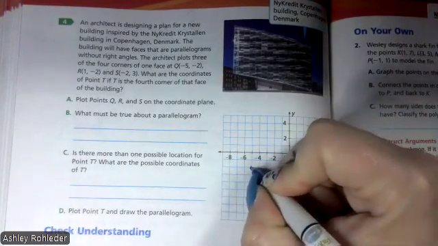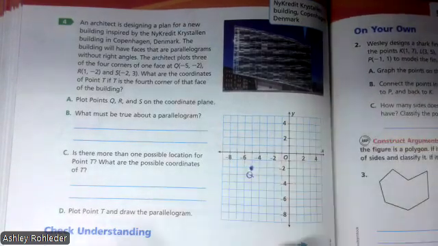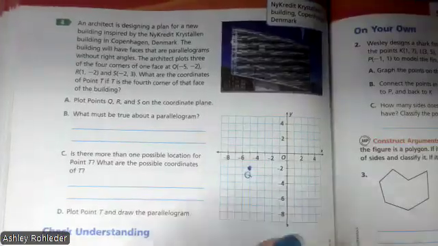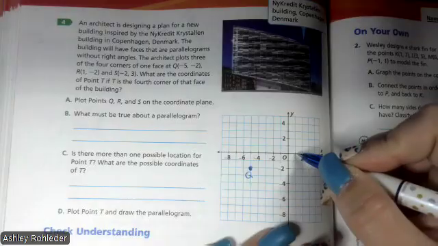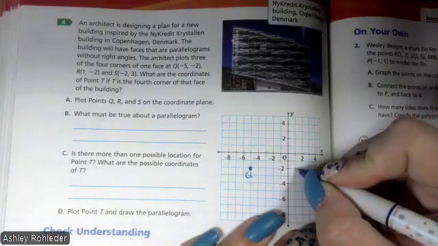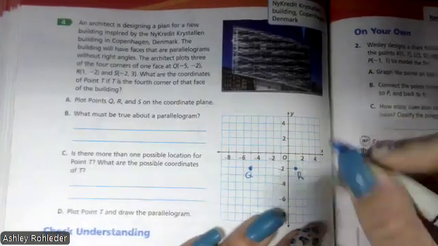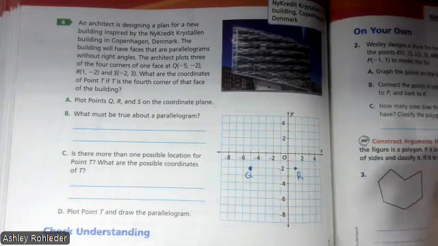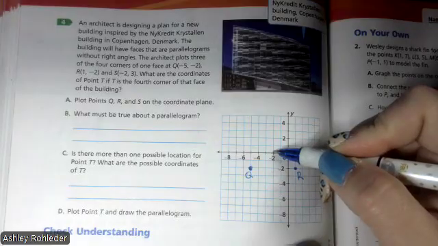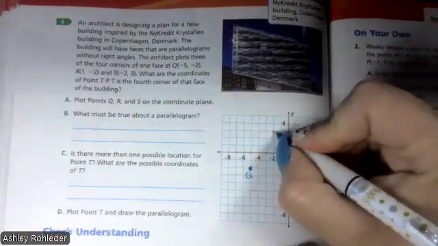That's Q. Okay, now what? R, 1, -2. 1 right, down 2. That's R. S, -2, 3. Left 2, up 3.